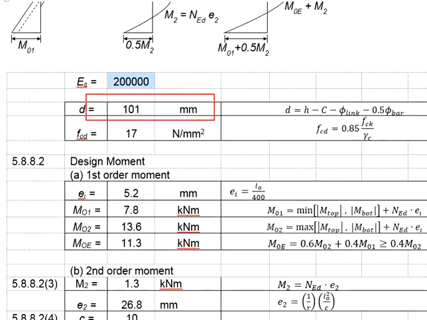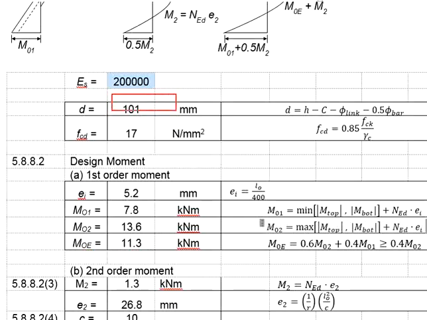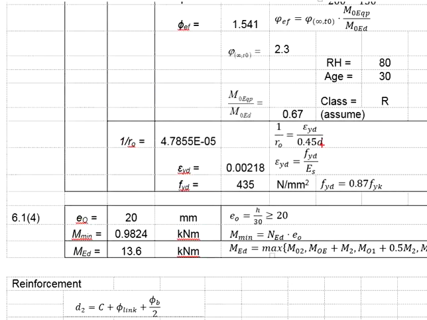So your d now will be calculated with 150 minus concrete cover 35 minus the diameter of the shear link 6 mm and minus half of the bar size, which refers to the question here, it is 16 mm. Then you'll get your d equals 100.01 mm. Substitute the d, substitute the epsilon, you get 1 per R naught.